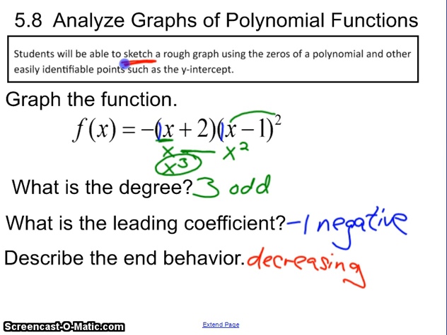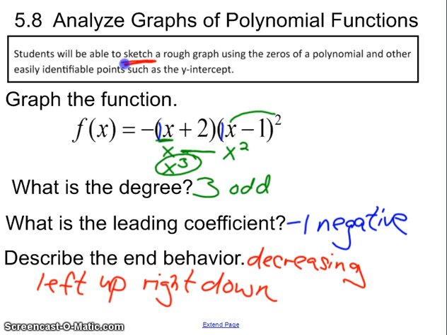I'm going to say this in an English sentence instead of saying it algebraically right now because it's going to be more helpful to you in the long run. The left is going up so that the right can go down. That is the end behavior. I said that in English instead of saying it in algebra.